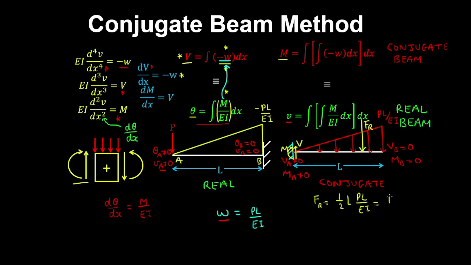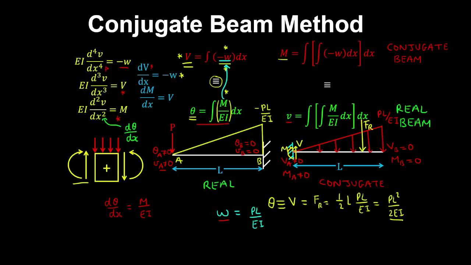So that gives PL squared on 2EI. And by statics, this force resultant is equal to the shear force. And the shear force in the conjugate beam is equivalent to the rotation in the real beam. So therefore, our rotation is PL squared on 2EI, which is well known for a cantilever.